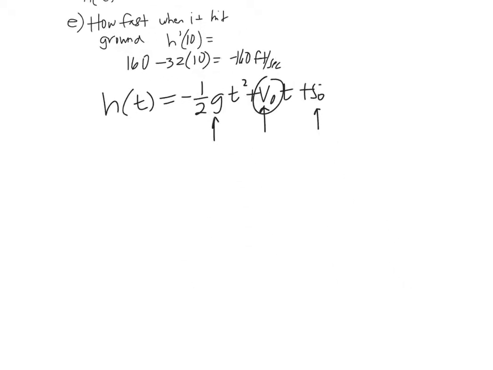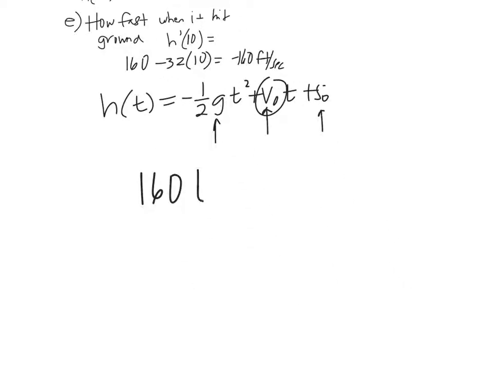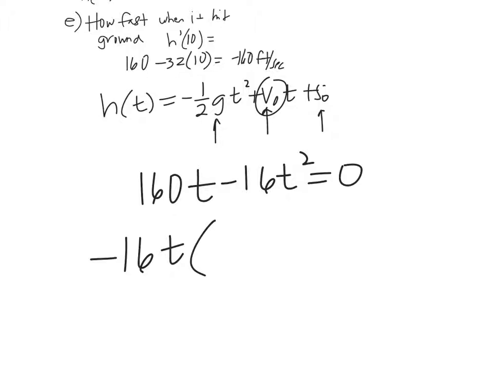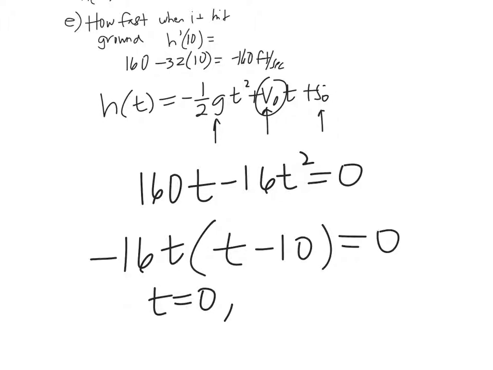So it was 160t minus 16t squared. If we set that equal to 0 and solve, we can factor out a negative 16t, and then you get t minus 10. So it's 0 at 0, it's on the ground, and then it's also 10, so it's in the air for 10 seconds total.